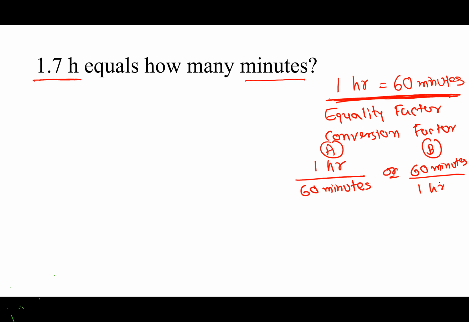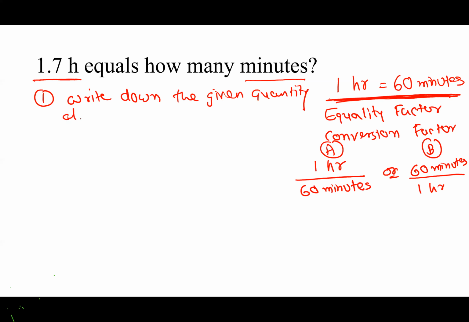All right. So every time you have a unit conversion problem, the first step is to write down the given quantity, whatever number is given to you, along with the unit.